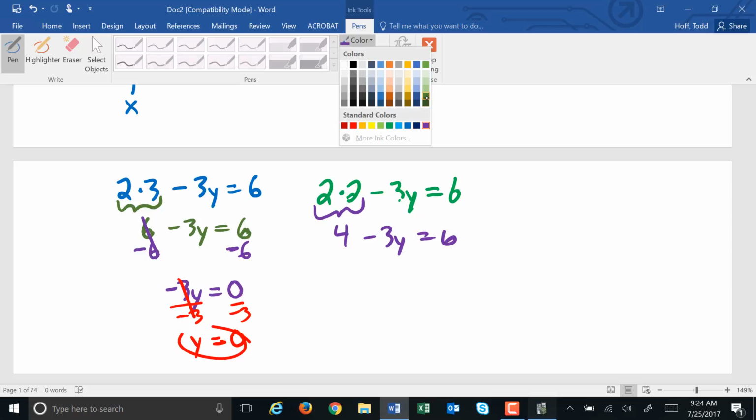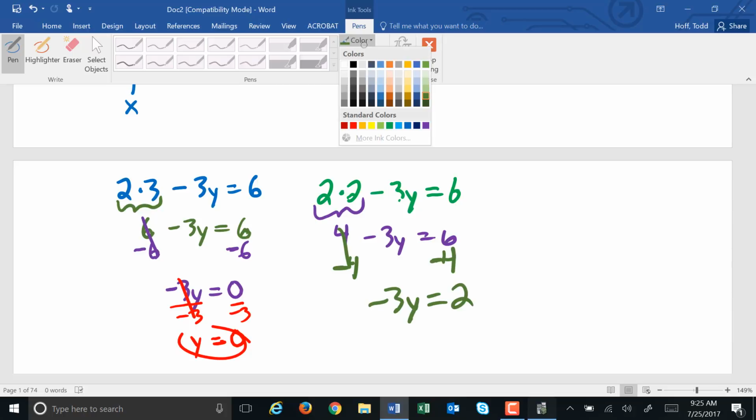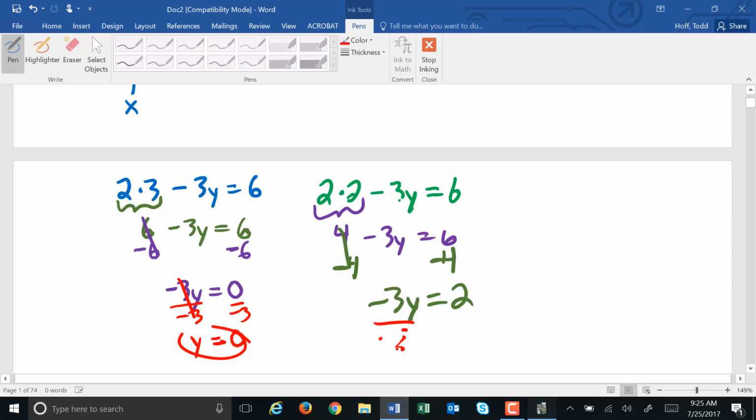Then what? Subtract the 4. So the 4 is gone. I've got negative 3y equals 2. Then I divide by negative 3. I get y equals what? It's negative 2/3, yep.